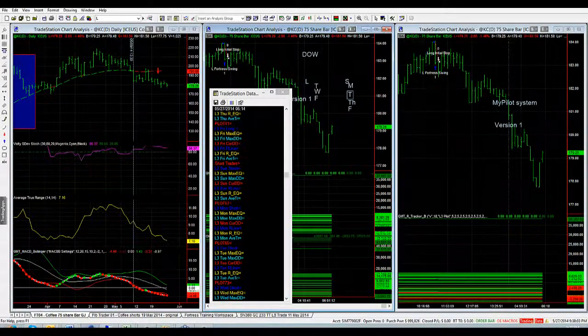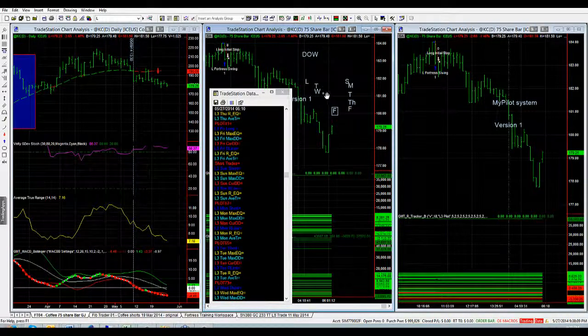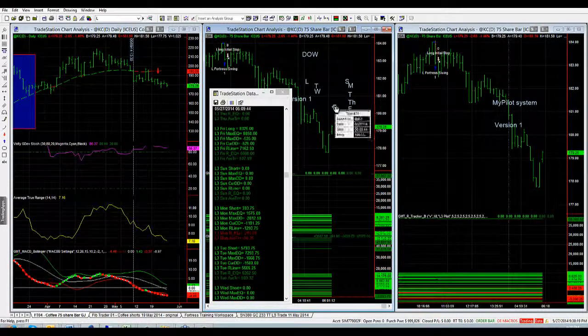If we go back to our strategy, we're actually trading both Friday on longs and shorts. We're going to add in Thursday. So definitely having Friday on. We've got Wednesday on the short side, and we'll double check what we're trading on the long side here.